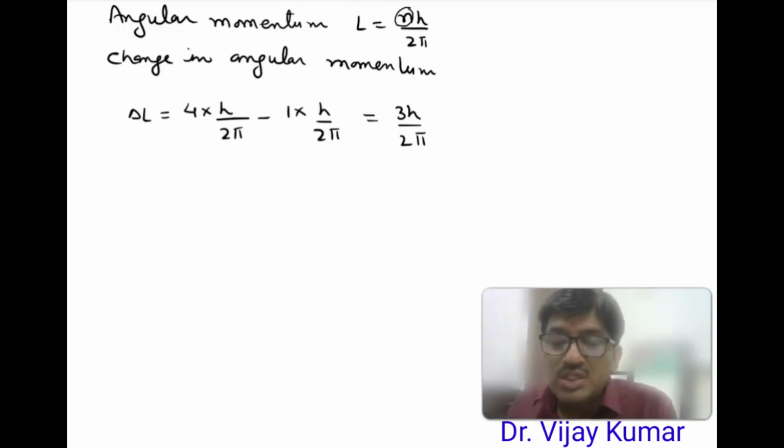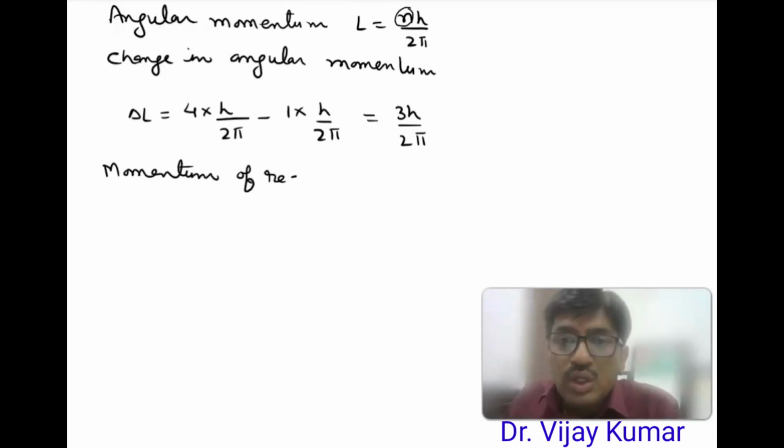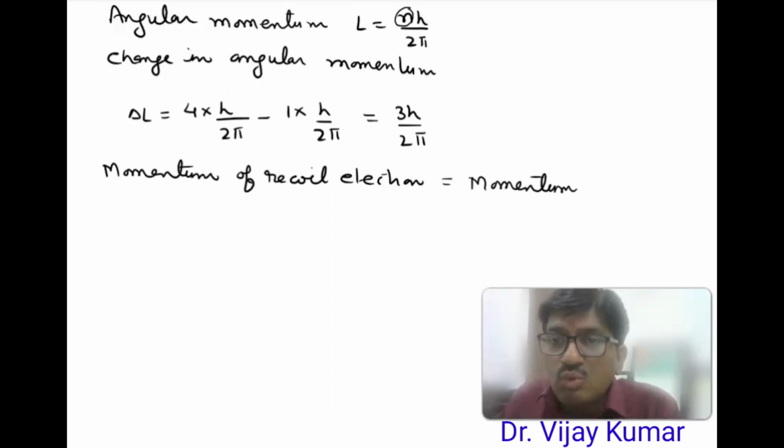When it makes the transition to the ground state, by conservation of momentum, the momentum of the recoiling atom should be equal to the momentum of the photon, and that should be equal to E upon C.